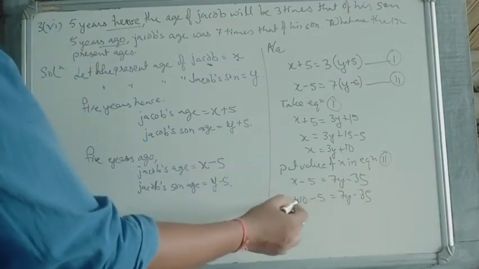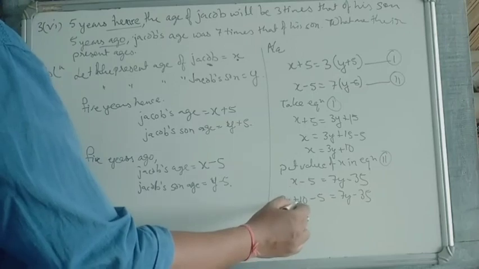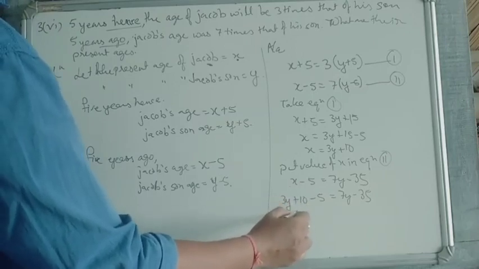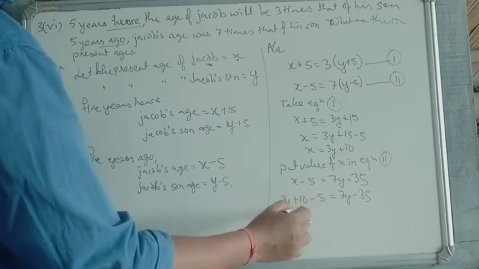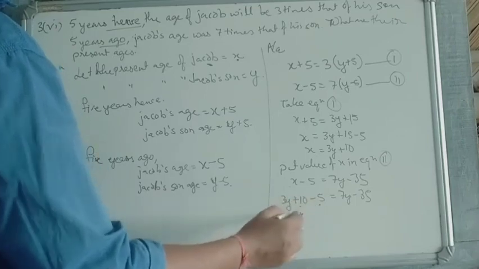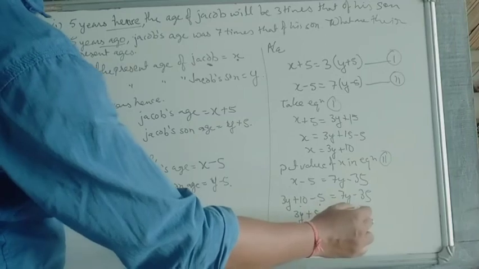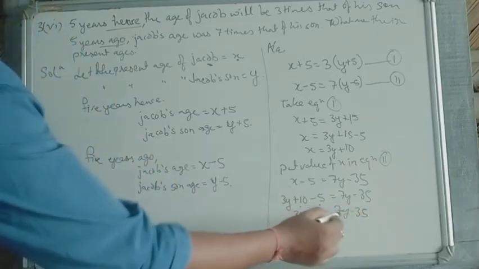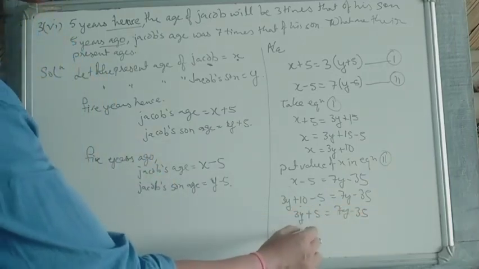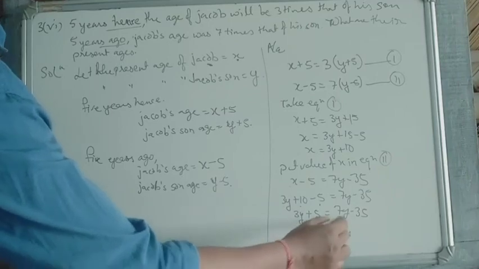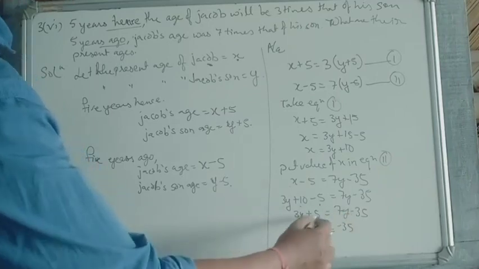Now y I will bring this side, numbers will go that side. So 3y, and this one we can solve a little. So it will become plus 5 is equal to 7y minus 35. Now 7y will come this side, 3y minus 7y is equal to minus 35, and then minus 5 goes this side.